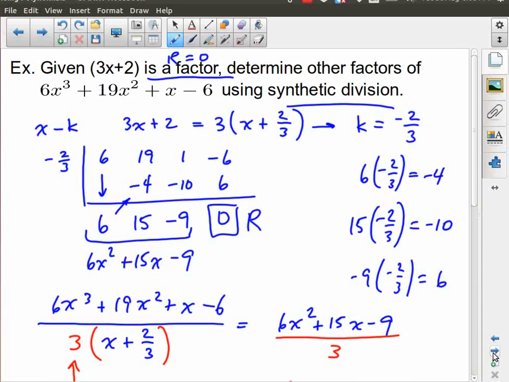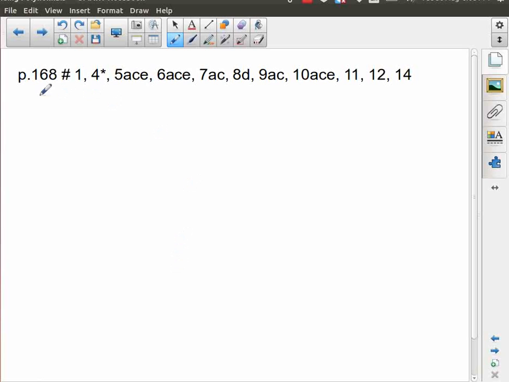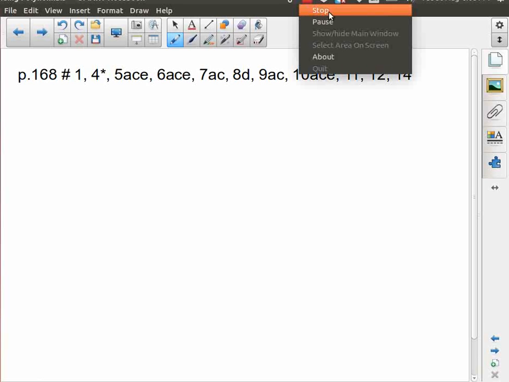I think that ended up being a little longer than I was anticipating, but all very important work. Lots of practice here. It's important that you do this practice. You will always have the choice between synthetic or long division, but you need to figure out which one works best for you. And you want to make sure that you practice both of them. You can't figure that out unless you try.